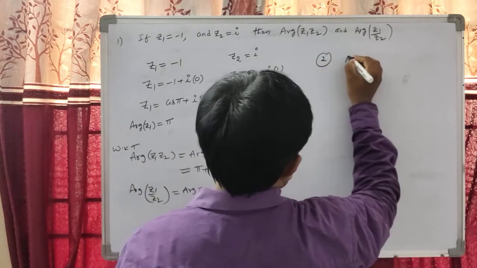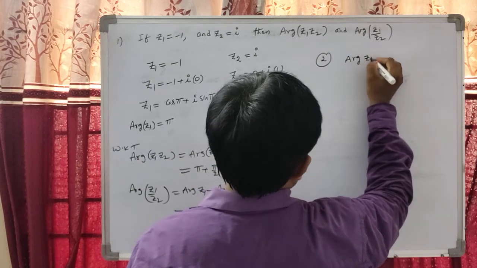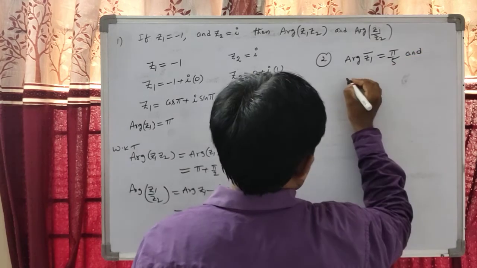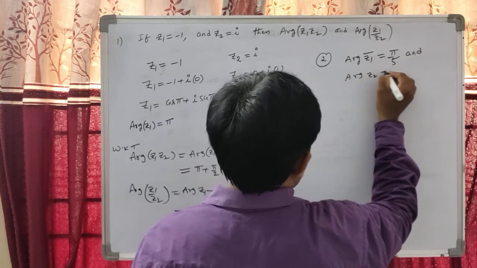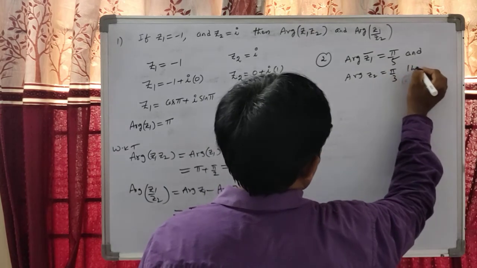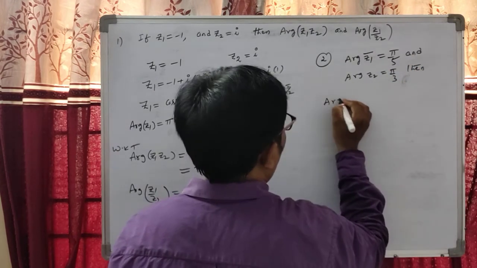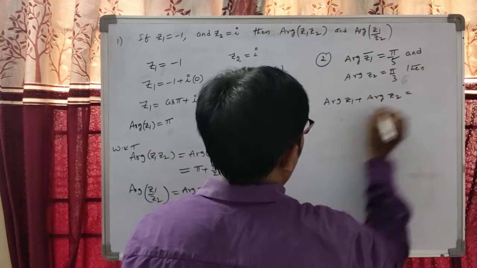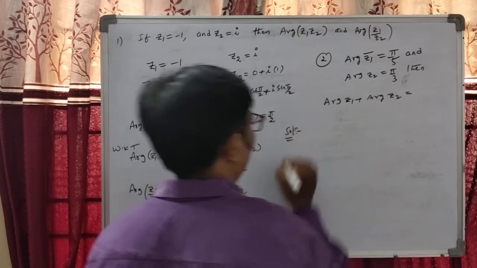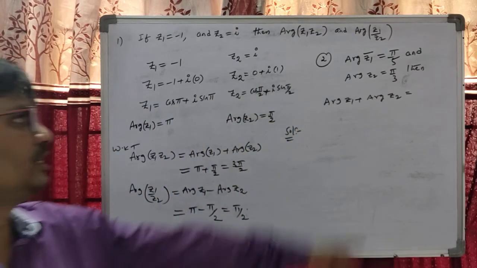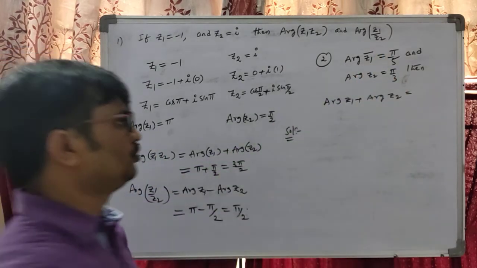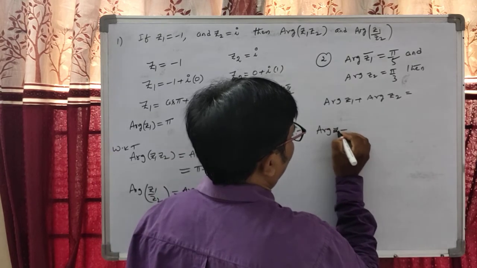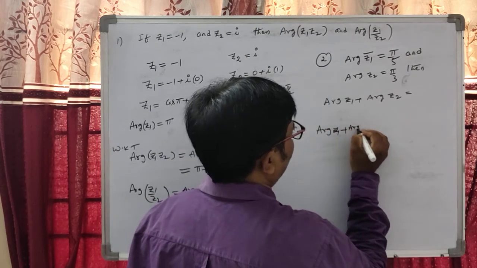Students, the second question: the argument of Z1 bar is given as pi by 5 and the argument of Z2 is pi by 3. Then find the argument of Z1 plus the argument of Z2.